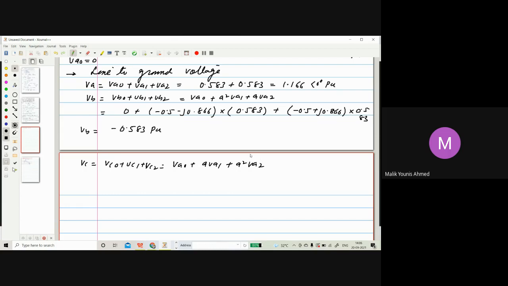If you find this value, it will come out to be the same as VB. VB is equal to VC in this case, so the values are same. So now line to line voltages.